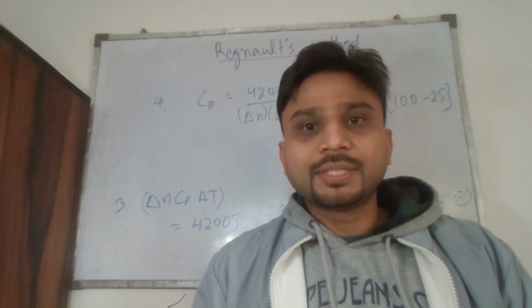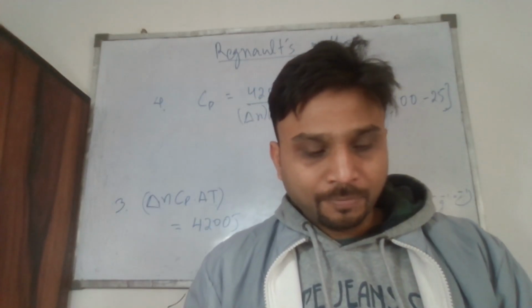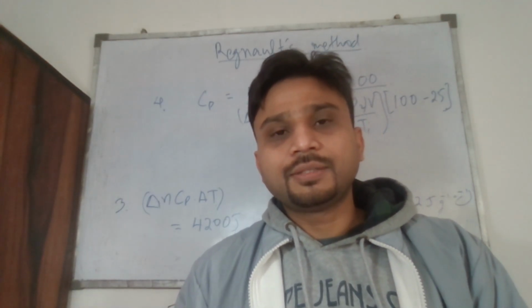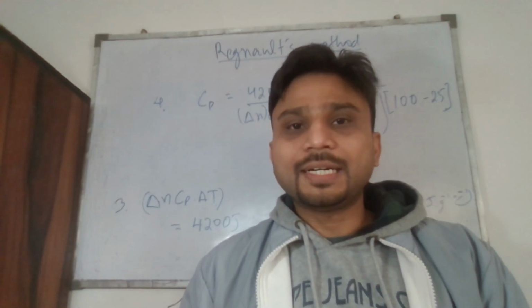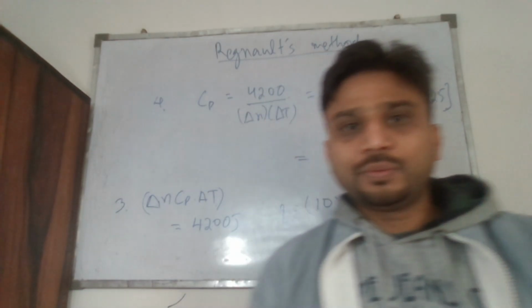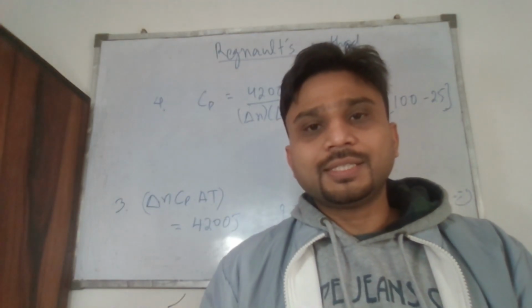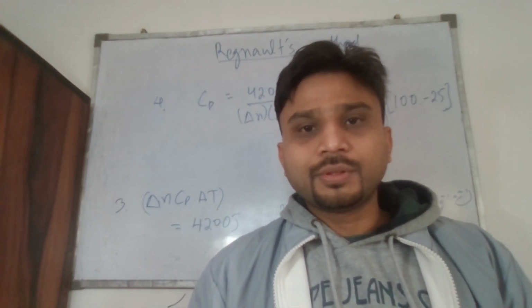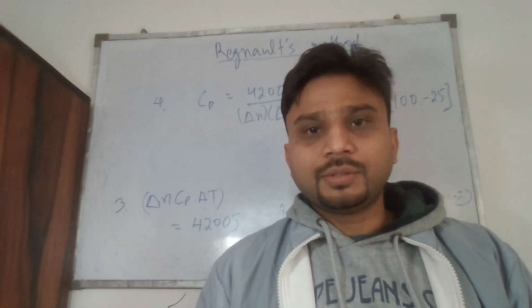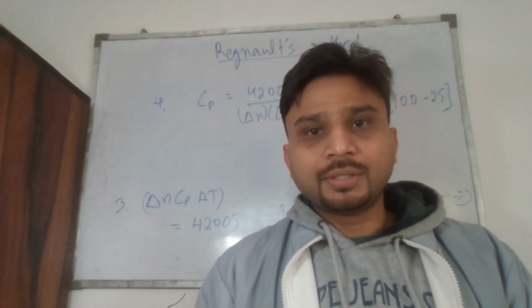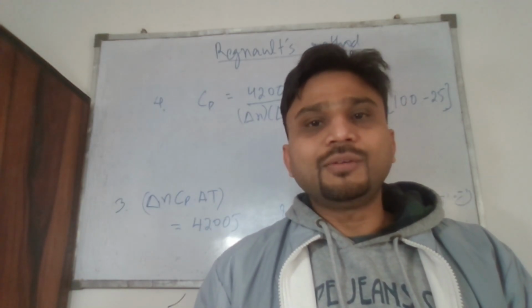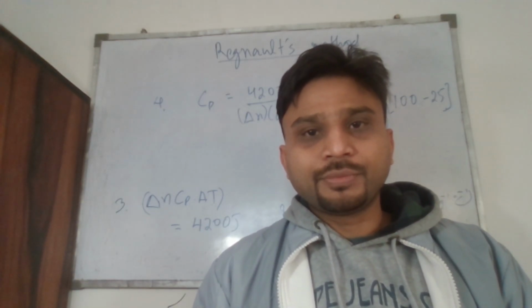But I want to summarize the whole thing. We say that there is a gas maintained at some certain temperature. Now, we say that that gas has been taken out and then it is heated. The purpose is that we want to find the molar specific heat of gas.